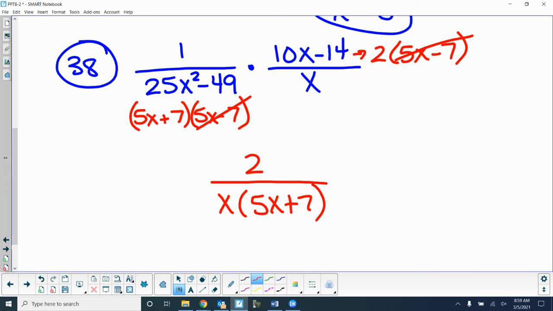We were simplifying fractions. We also had some variation problems, remember? If you see something that says varies directly, what do you got to put in the problem? K times. If you see varies inversely, so what do I put? K divided by.